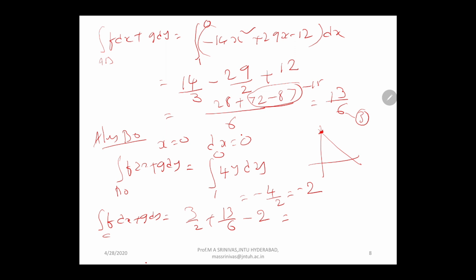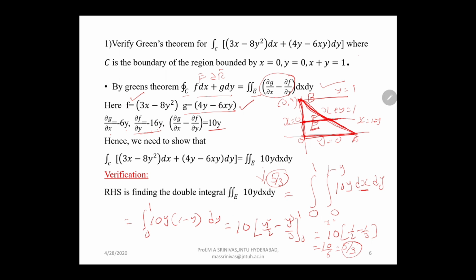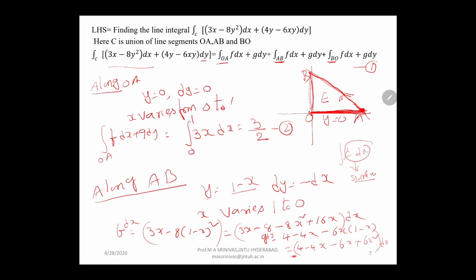If I simplify these, 6 is the LCM, 2 goes 3 times, this is 9 plus 13 minus 12. This will be 10 by 6, which is equal to 5 by 3. Left side I got 5 by 3. Right side I already evaluated for the double integral, that is 5 by 3. So left side and right side I am getting the same value. Thus Green's theorem is verified.